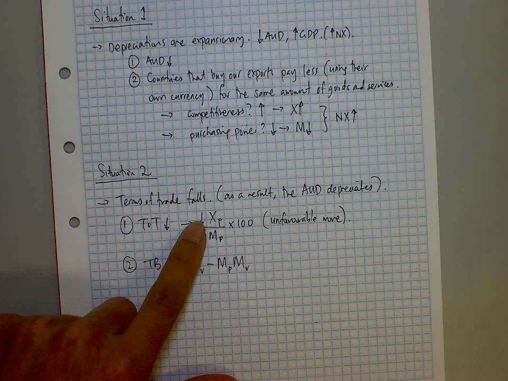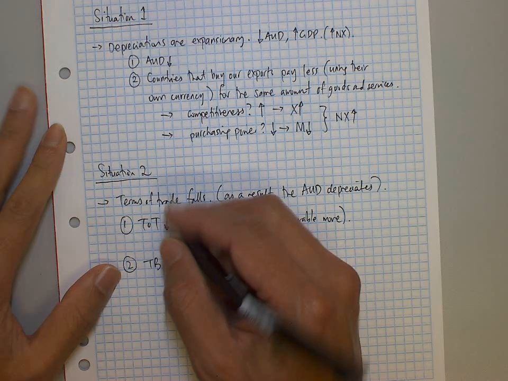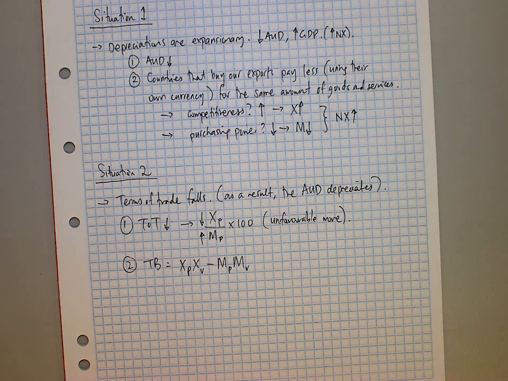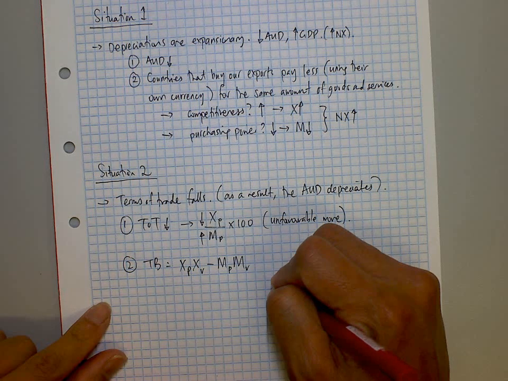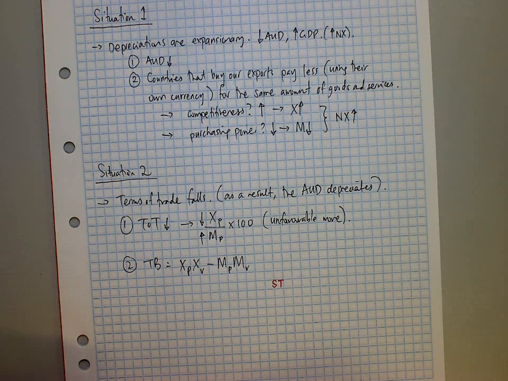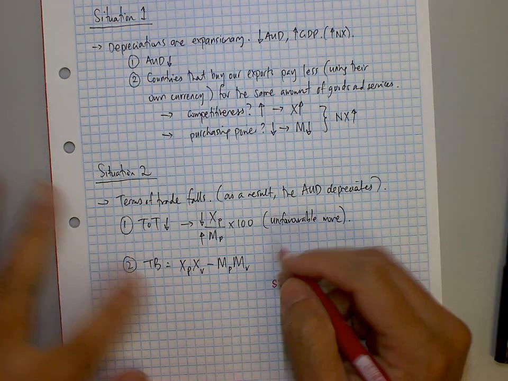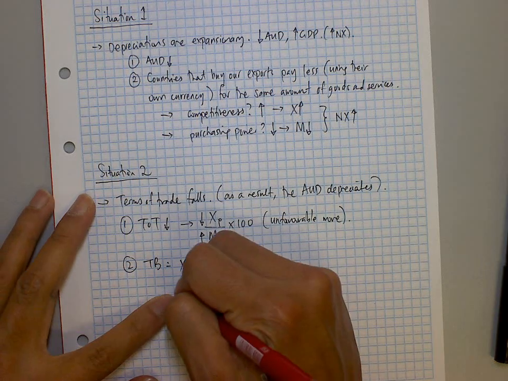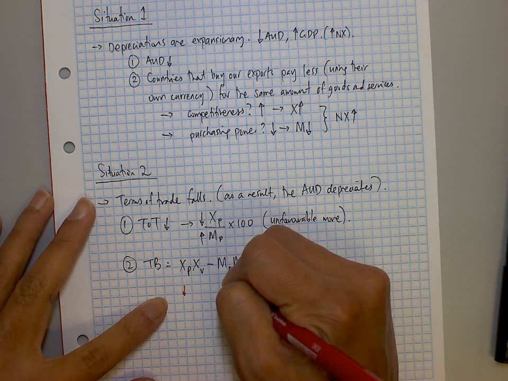Because I've already labelled that export prices go down. So this is where I added a colour. You would say in the short term, the export price goes down and the import price goes up.